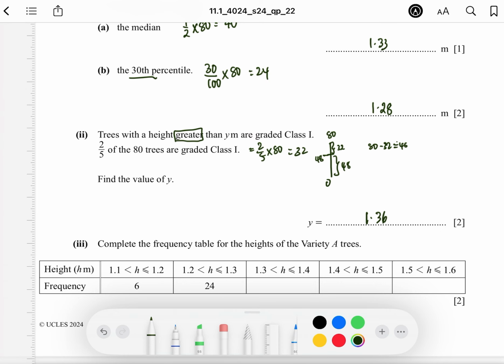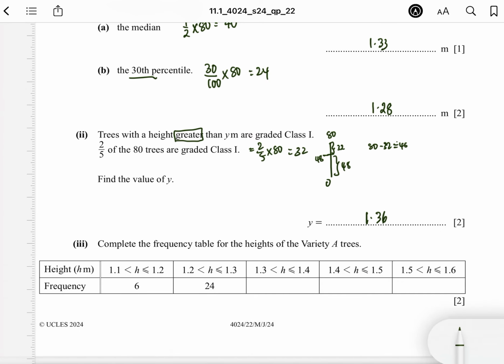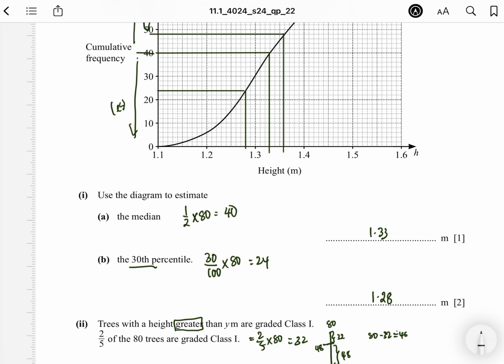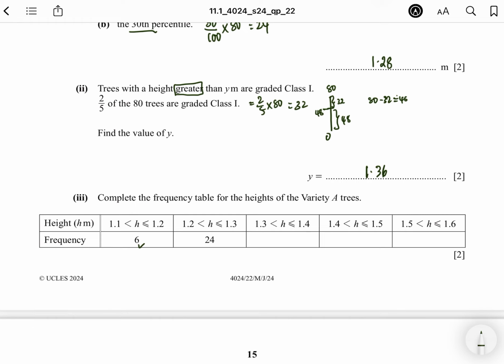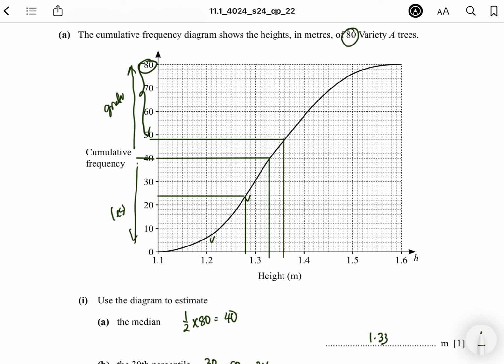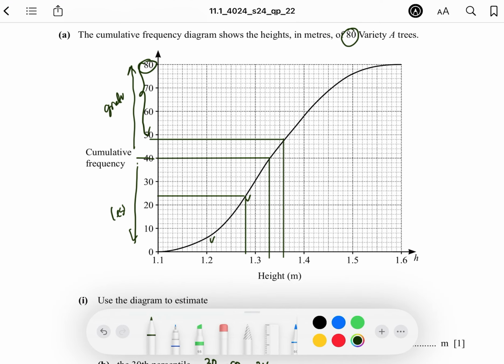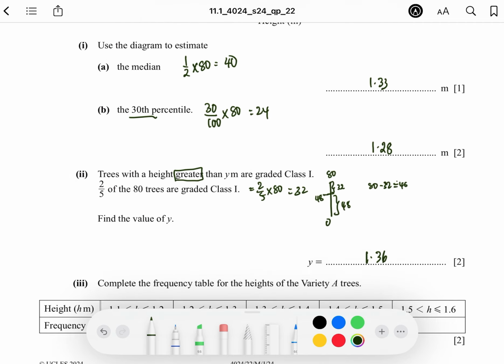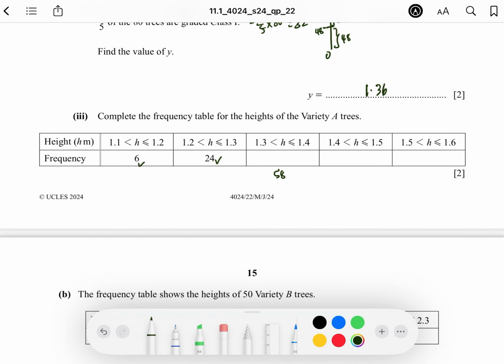Complete the frequency table. So cumulative is taken from frequency table. So 6 plus 24, that's why it's 30. If 1.4 is 58, that means 6 plus 24 plus what value to get 58, which is 28.